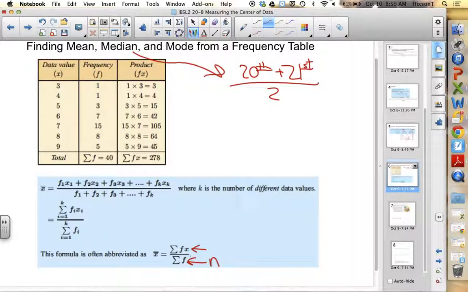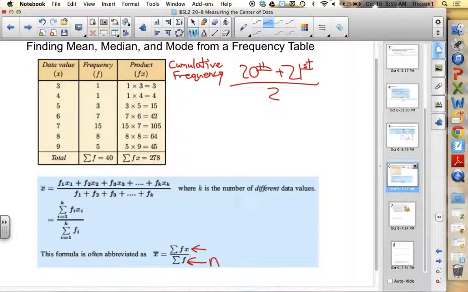So here's what you can do: you can make another column if you want and call that your cumulative frequency. And you'll even see this in some tables of data. This is helpful not just for the median, but we'll talk about this in a sec.